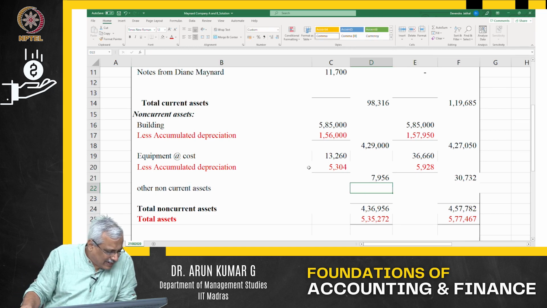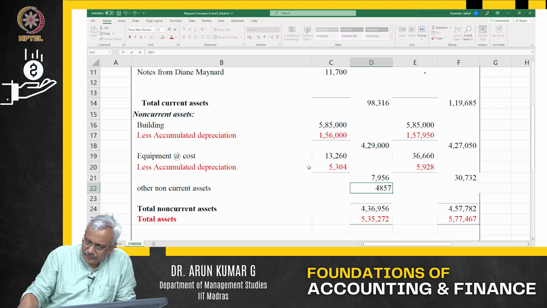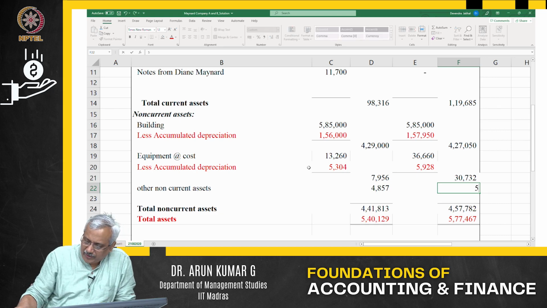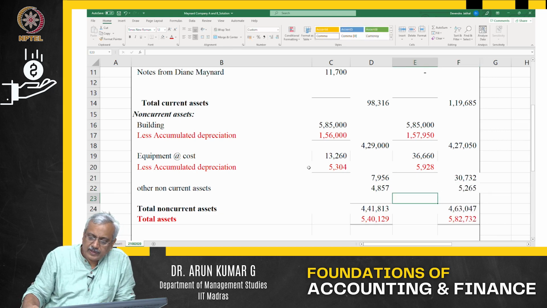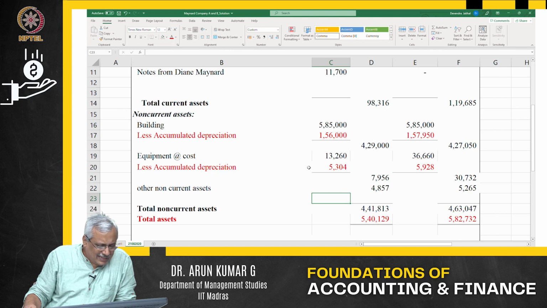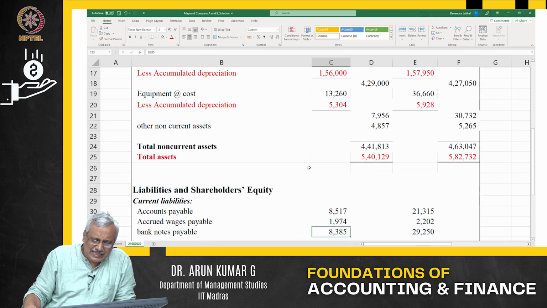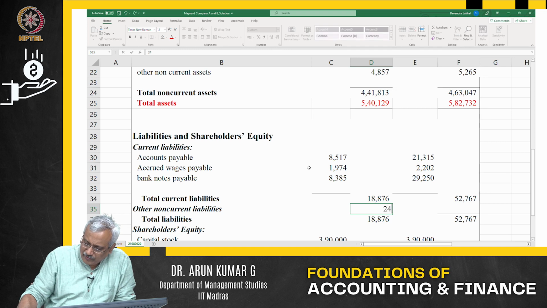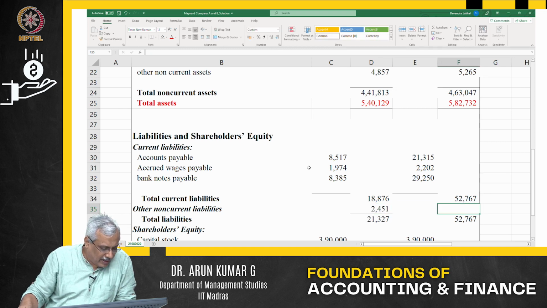The other non-current asset in this particular case is 4857 and then about 5265. Then other non-current liabilities, I have given a slot here, 2451, and then it remains at 2451.